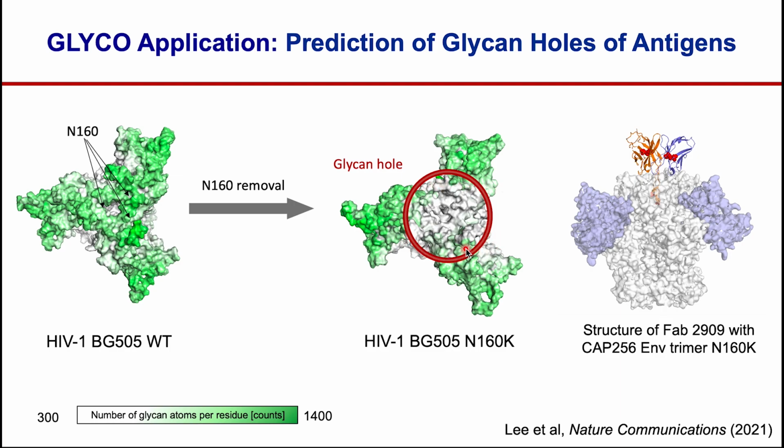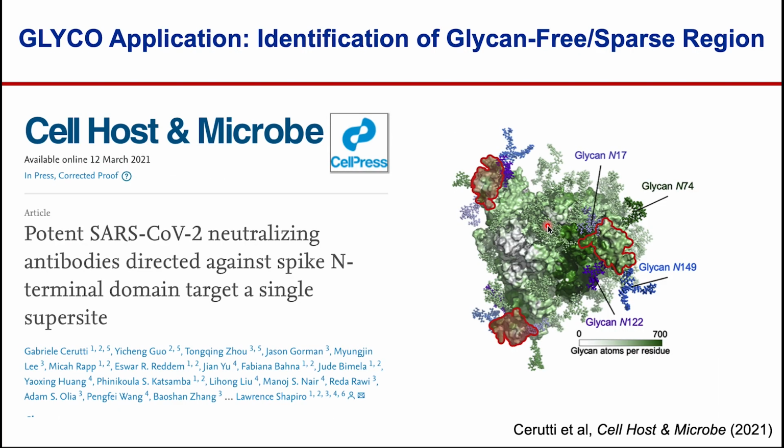So GLYCO has the ability to find the glycan hole by calculating the glycan density, and the glycan hole is a really critical place in vaccine design, because normally antibodies try to target the glycan-depleted area so that it neutralizes the antigen. So it is a really critical observation of glycoprotein.